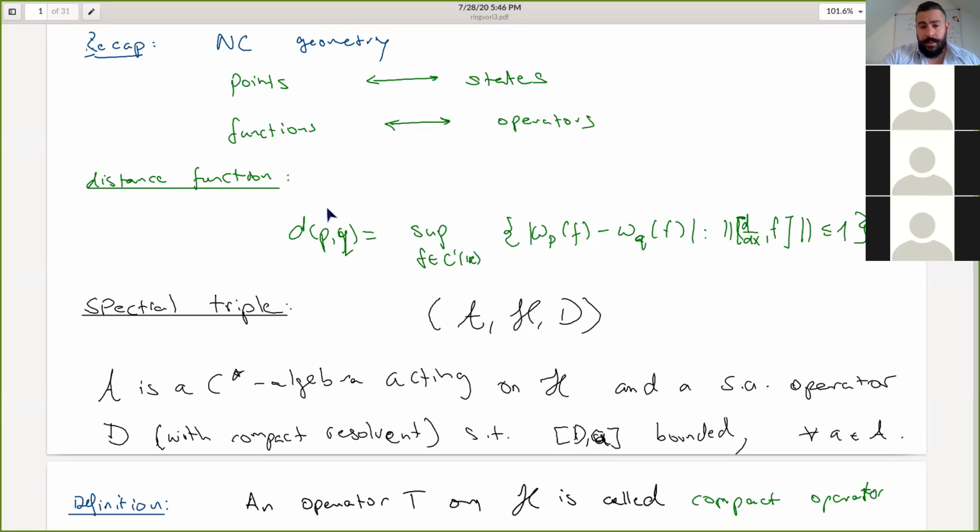We also demand that this C-star algebra acts on a Hilbert space, on which there is also defined some self-adjoint operator D with compact resolvent, such that the commutator of D with an element of the algebra is bounded. This is the definition of a spectral triple. I will go into a little more detail showing what that means.